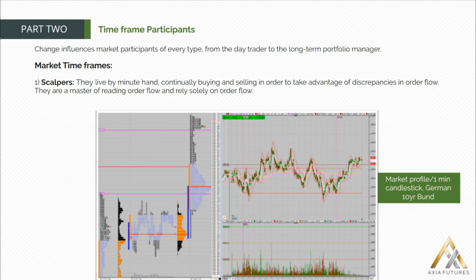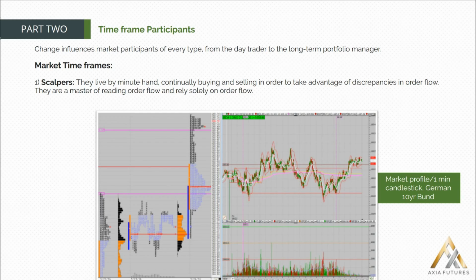Let's now take a look at a chart whereby we'd be able to see scalpers interacting. As you can see, on the left we have a basic profile. On the right we have a 1-minute chart. Note the reason we have the 1-minute chart is because this is the time frame that scalpers tend to react on. Every little bit of movement up and down the page is a scalper, interacting continuously as prices move up and down.